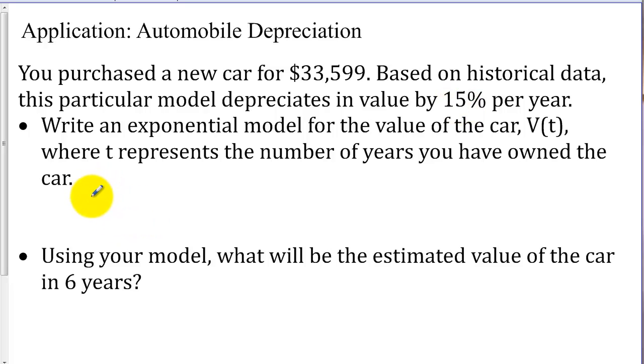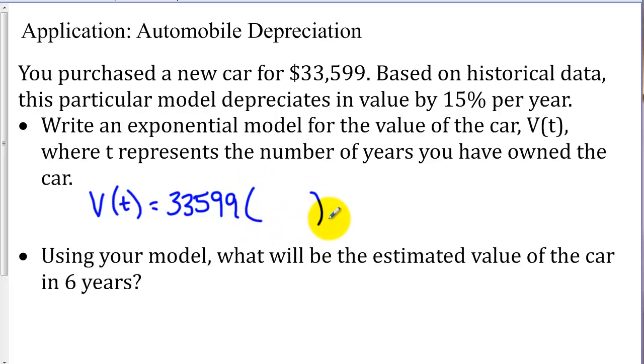So again, our model, this time we're going to use V for value of the car. Now we need our A, which is our initial amount. So our purchase price was our initial value. And now we need our B value. Now this is a decrease by 15%. So our rate is 0.15.